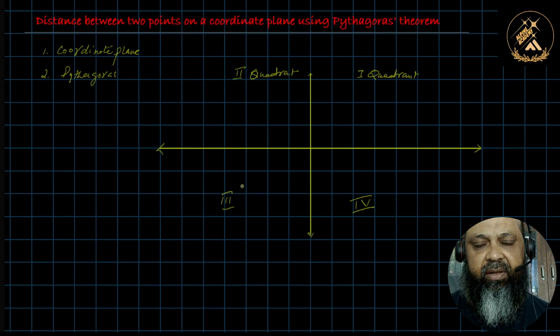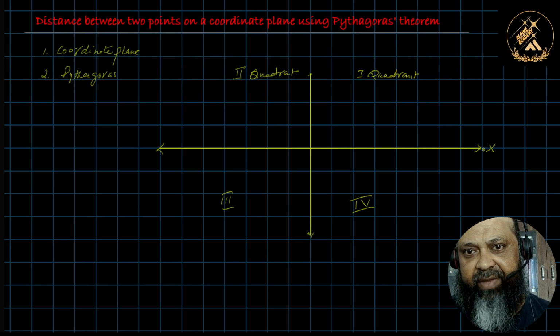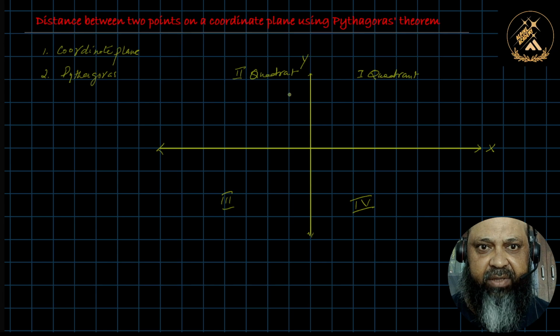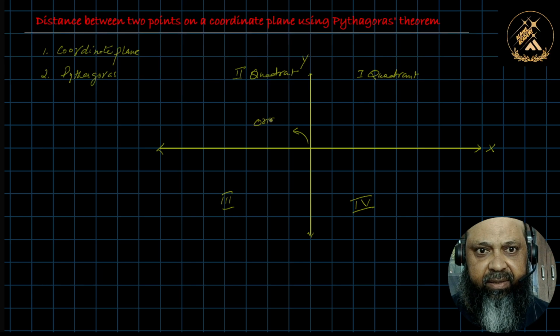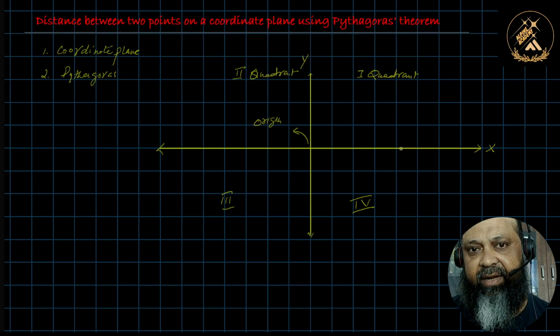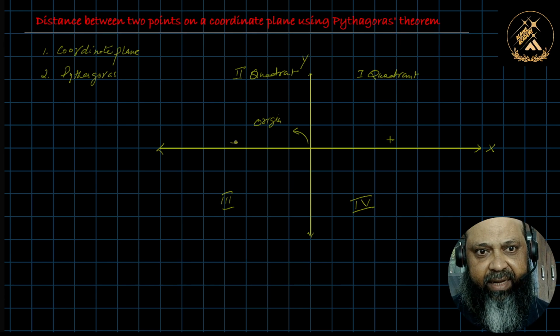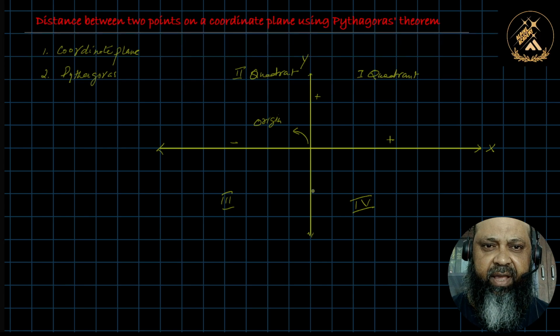These quadrants are assigned for the positive and negative values of x and y. Whatever is present on the right side of the origin is positive, and whatever is on the left is negative. Similarly, above the origin is positive, and below is negative.